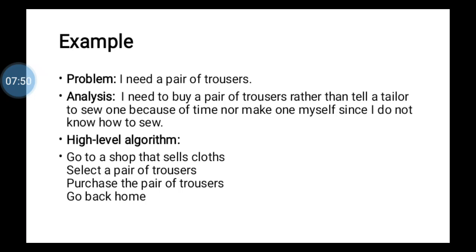Now, from what I taught you earlier on, I already knew where my data was coming from. Now, various sources of data could be. Don't forget that trousers are what I need, and I can get these trousers either by telling a tailor to sew one for me, deciding to sew one for myself, or buying.